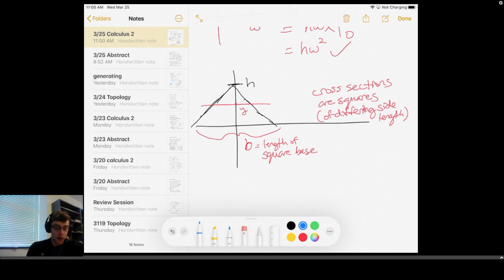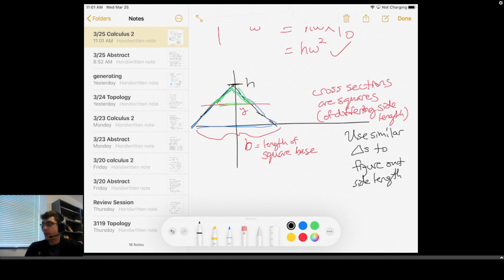If you see this, you have a triangle here, you have another triangle here. So you should use similar triangles to figure out the side length. We're pretty much out of time, so I won't go through that whole thing, but I'll probably do it in the class prep.